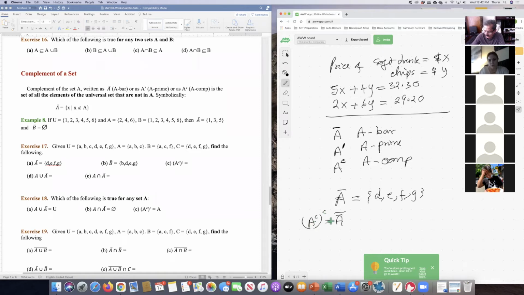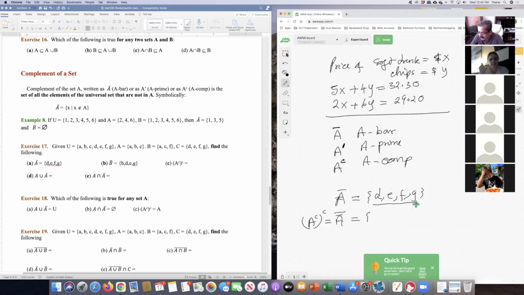They're both the same. That means what are the elements of the universal set that are not here? We have D, E, F, G in A bar, and we are now finding the complement of this.